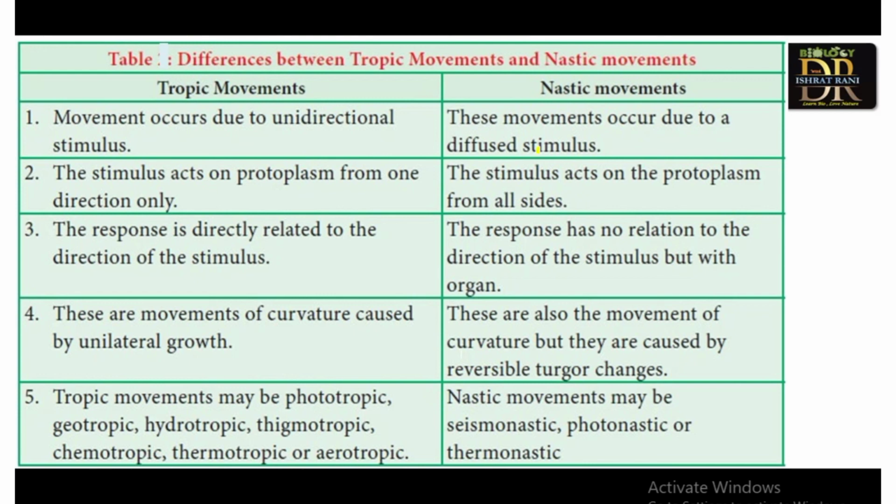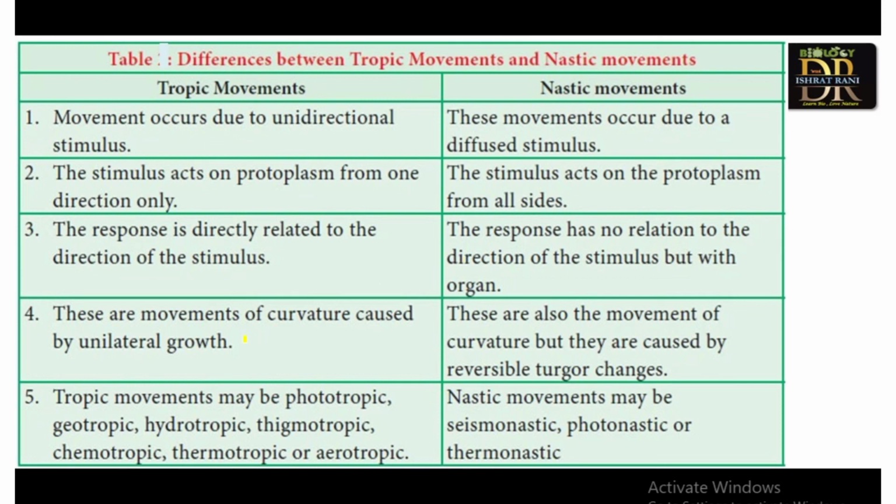While nastic movement occurs due to diffuse stimuli, that is, the stimuli are diffused. In tropic movement, the stimuli act on the protoplasm from one direction only, while in nastic movement the stimuli act on the protoplasm from all sides. In tropic movement the response is directly related to the direction of the stimuli, while in nastic movement the response has no relation to the direction of the stimuli but to the organs. The organs will show that movement.